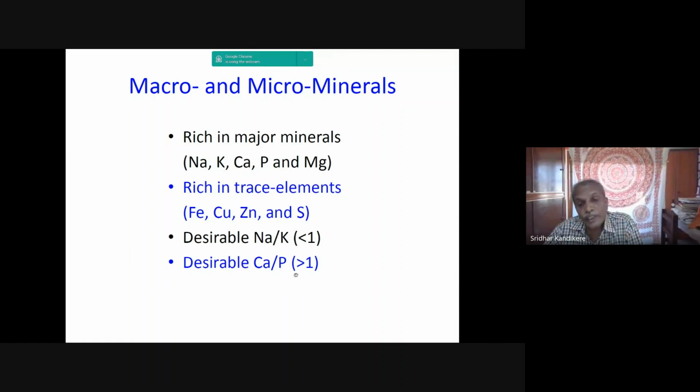Therefore, any food material having a ratio of more than 1 will be advantageous. Why am I discussing this?